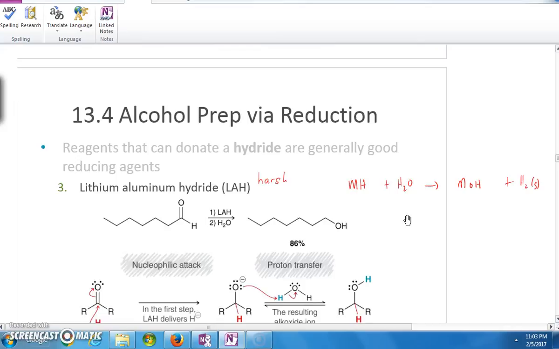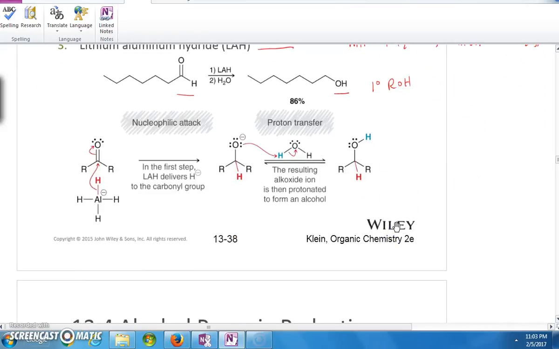Now we also have lithium aluminum hydride. This is a much more harsh reagent. It will take an aldehyde to the corresponding primary alcohol, just like sodium borohydride. And the way it does it is by delivering a hydride, and eventually you get your product.